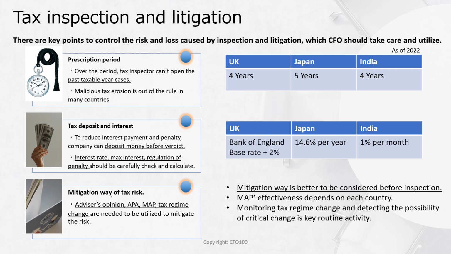Without an understanding of your country's tax process, CFO overlooks important decision-making points and the time to recognize the related laws. The rule is complicated and localized, so it is necessary to have a clear view of the inspection and litigation process to become a good CFO.